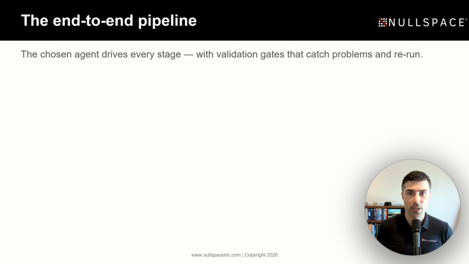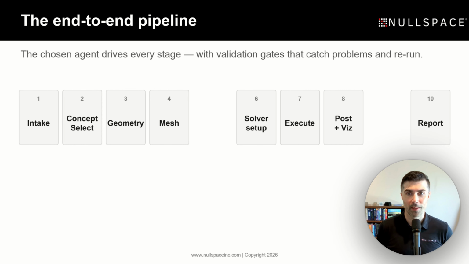Here's what running the job actually means. The specialist agent drives a pipeline: intakes some sort of specs or requirements, builds or imports the geometry, meshes it, checks the mesh, sets up the solver, executes the simulation, does the post-processing and the data visualization, validates the results, and finally assembles the report.